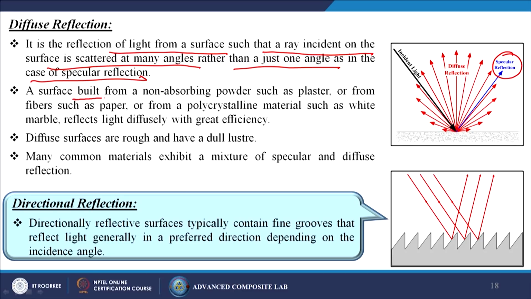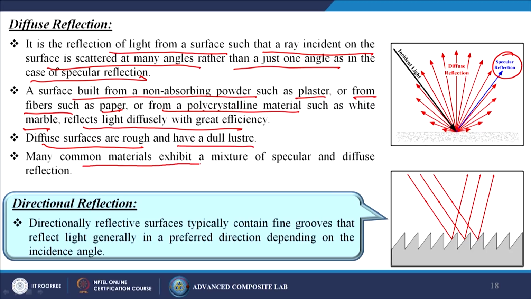A surface built from a non-absorbing powder such as plaster, or from fibers such as paper, or from a polycrystalline material such as white marble, reflects light diffusely with great efficiency. So, these are all examples. Diffuse surfaces are rough and have a dull luster.